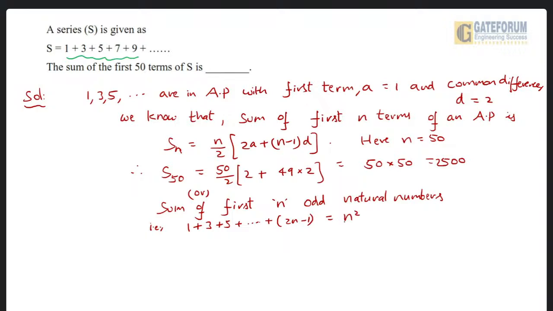You can use this result also, where n is equal to 50, so 50 square. Okay. So the answer is 2500. This is the end of the question.